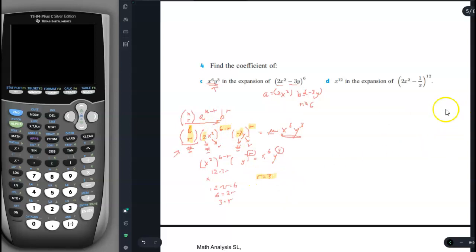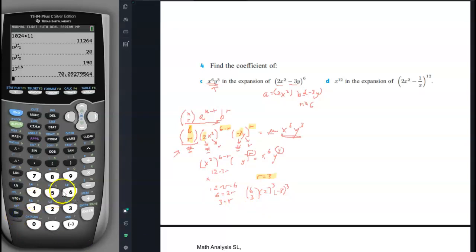So let's do that. It would be 6 choose 3, and then it would be 2 to the 6 minus r, which would be 3, and then it would be -3 to the r, which is 3. So 6 choose 3, we can use the calculator for that.